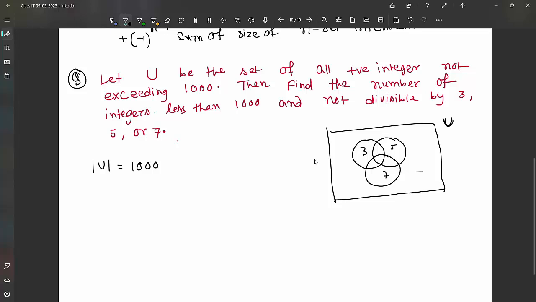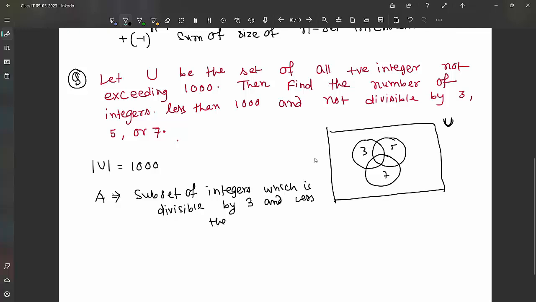So actually our question is the complement of this union set. Or if we define A as the subset of integers which are divisible by 3 and less than 1000, all are less than 1000.